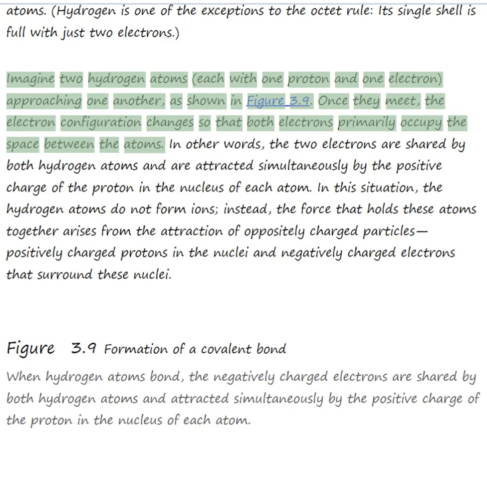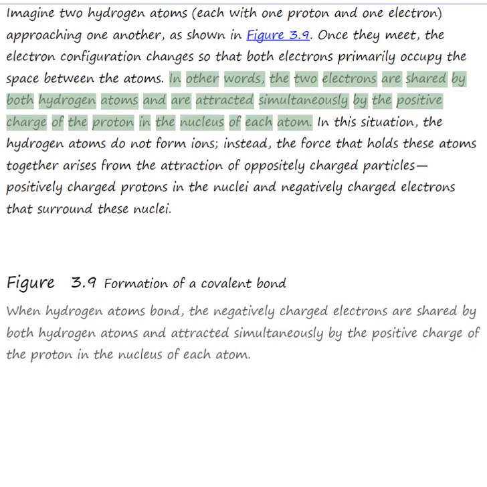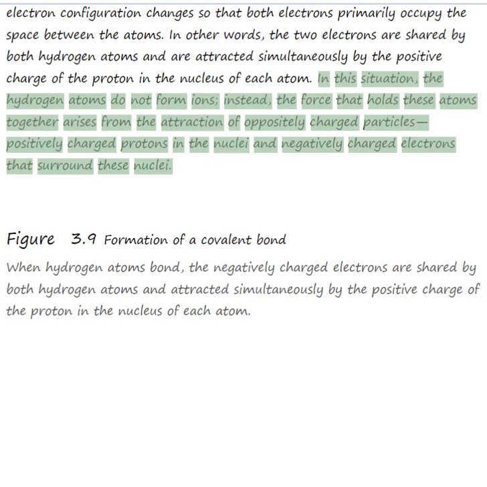Imagine two hydrogen atoms approaching one another, as shown in Figure 3.9. Once they meet, the electron configuration changes so that both electrons primarily occupy the space between the atoms. In other words, the two electrons are shared by both hydrogen atoms and are attracted simultaneously by the positive charge of the proton in the nucleus of each atom. In this situation, the hydrogen atoms do not form ions.